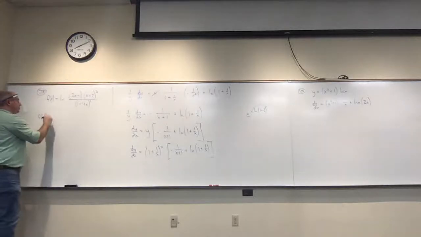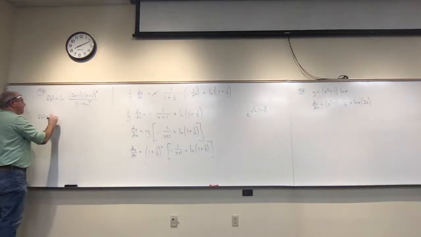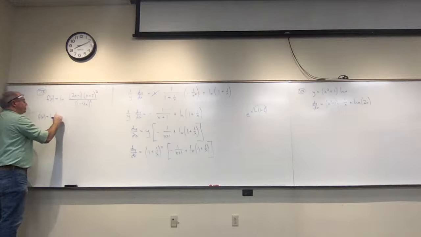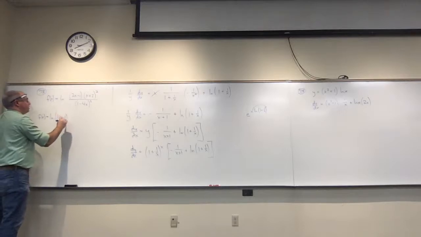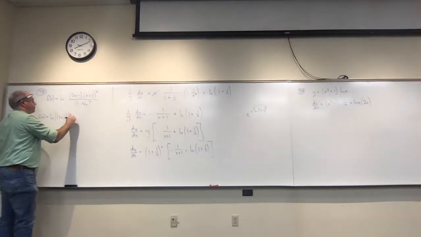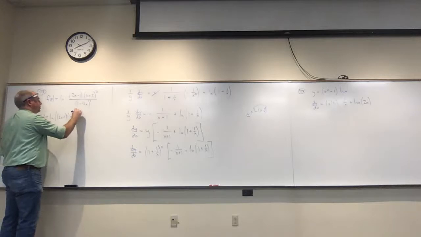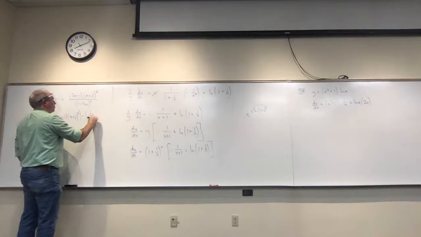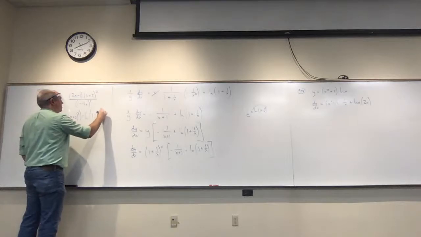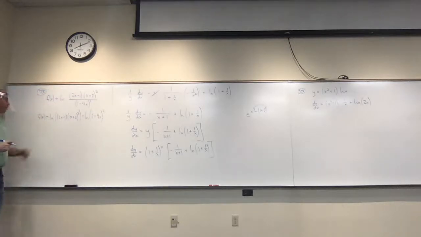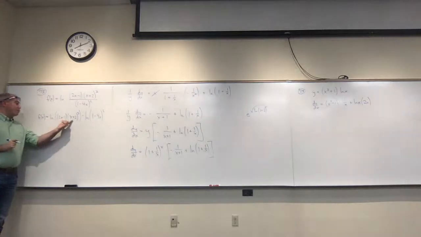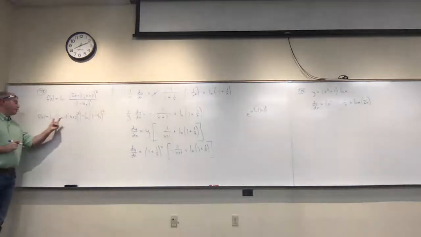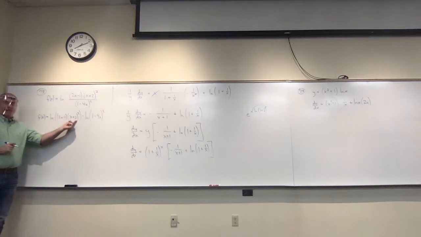So this could be written as ln of the top, (2x minus 1) times (x plus 2) quantity cubed, minus ln of what's on the bottom, 1 minus 4x squared. Now we have ln of a product, but ln of a product could be written as ln of the first thing plus ln of the second thing.